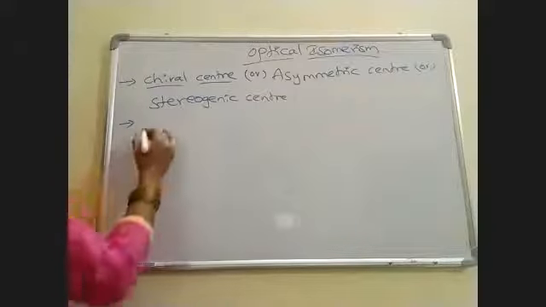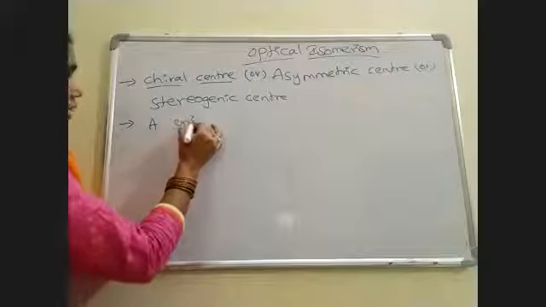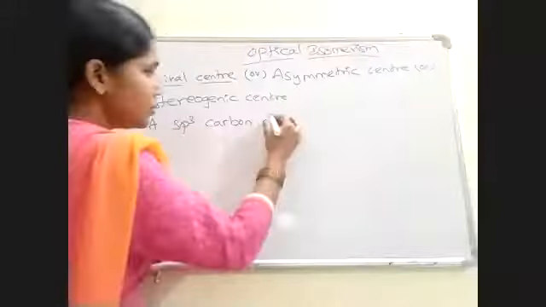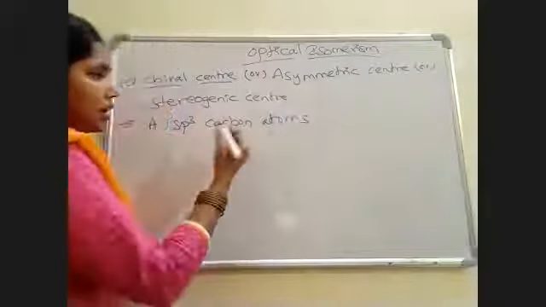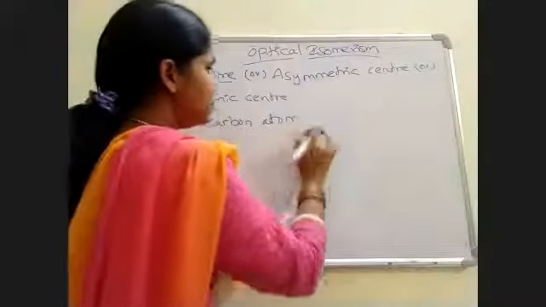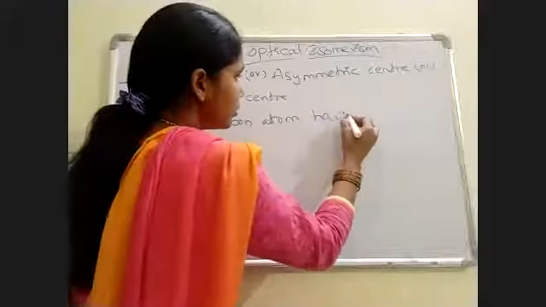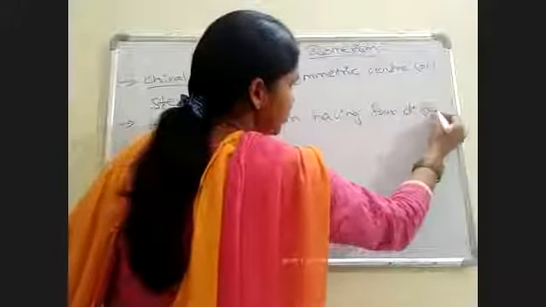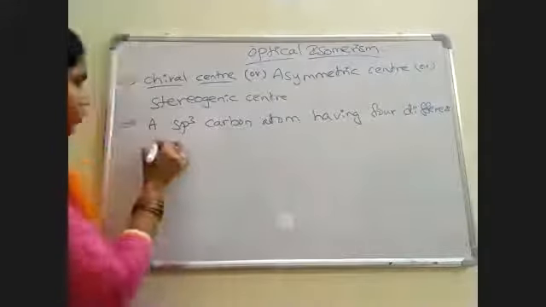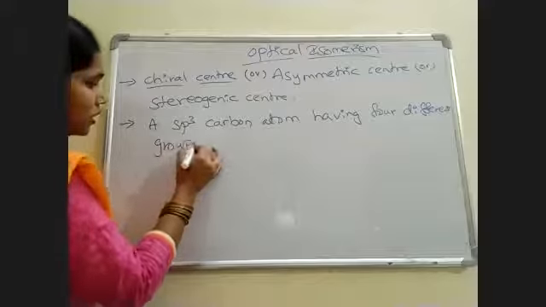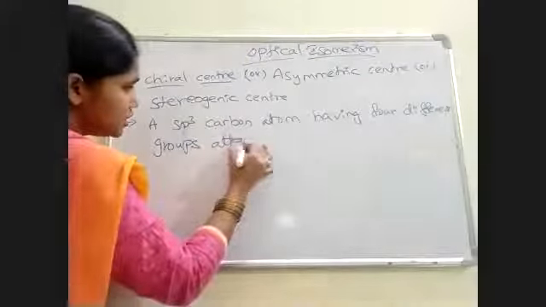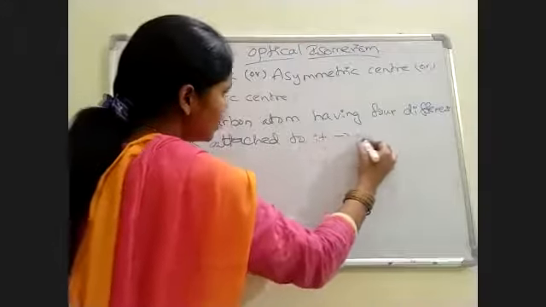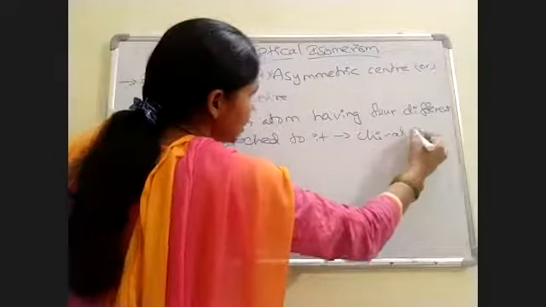So what is the definition for this one? A sp3 carbon atom. This I have already told you in the first semester. Remember, an sp3 carbon atom having 4 different groups attached to it is called as a chiral carbon.